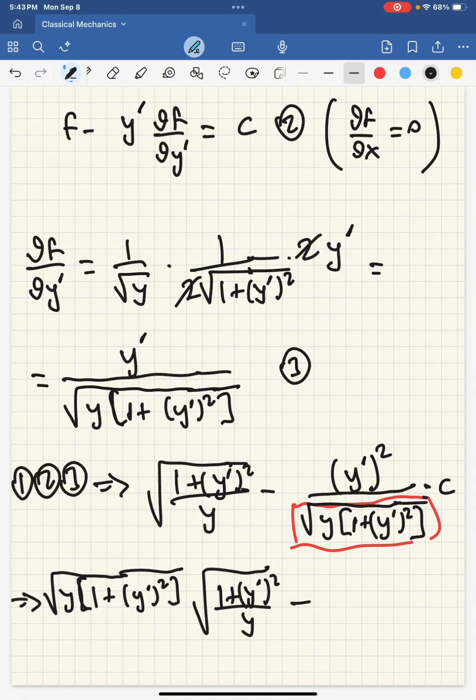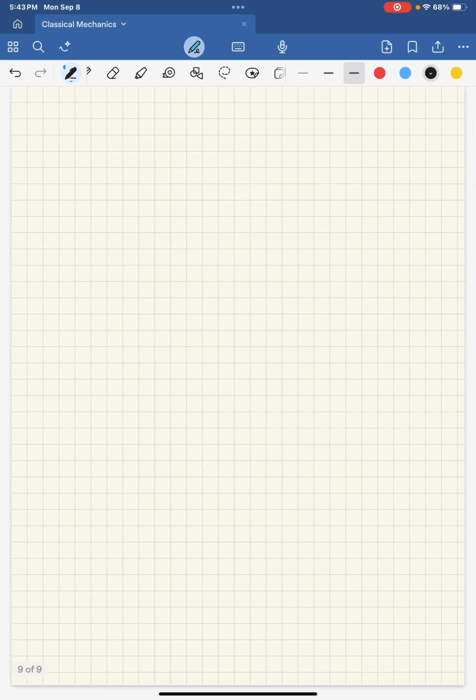And then since we will multiply the denominator with the numerator, does that make sense? Anyway, since we are multiplying with this expression, the second factor will be just y prime squared. And this should be equal to c times y times 1 plus y prime squared.